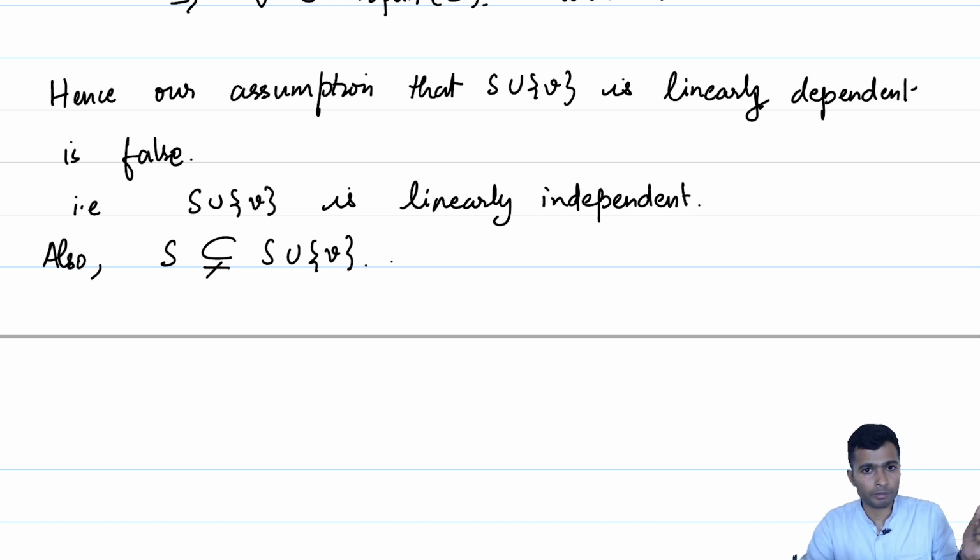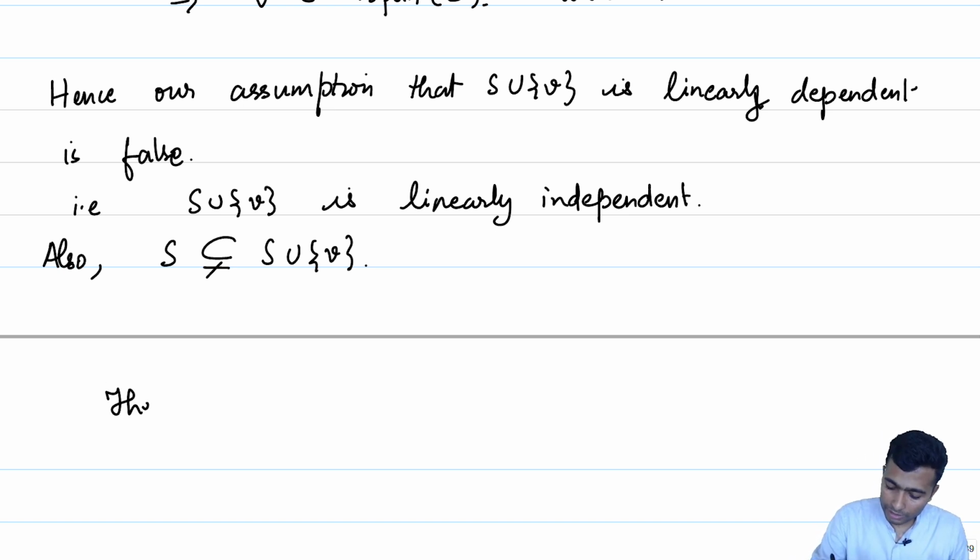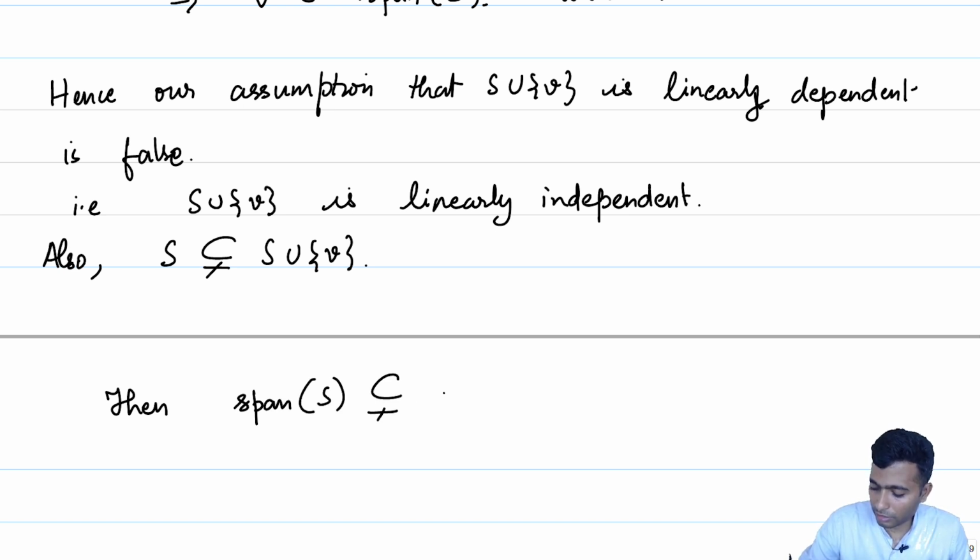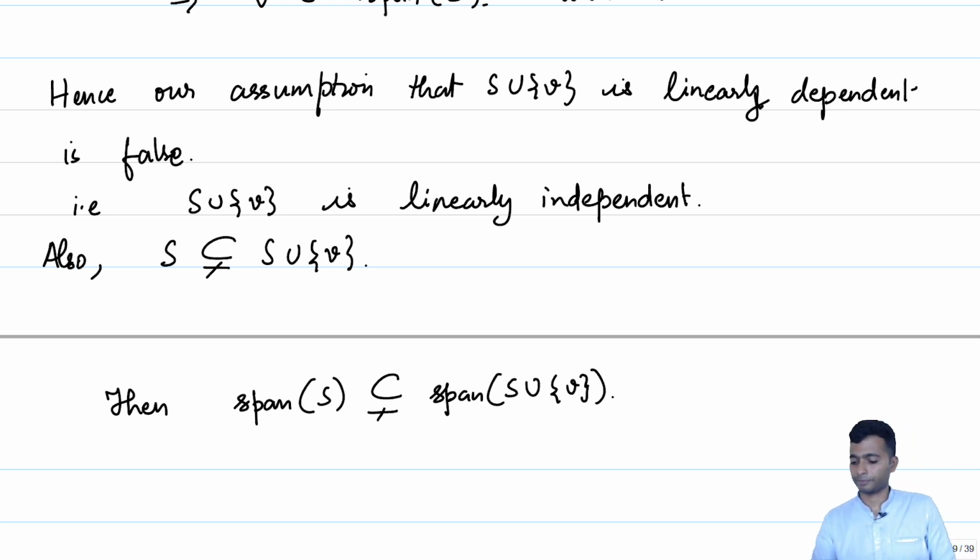So, if you knock off one element from a linearly independent set, we have shown that by the theorem from the previous session, span of S is a strict subset of span of S union V. That completes our proof.